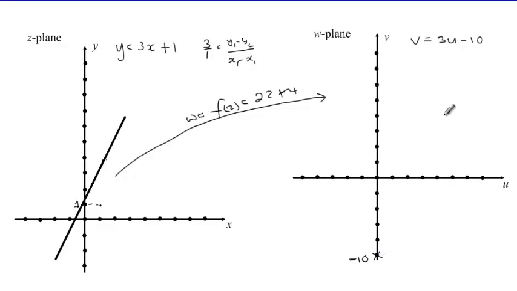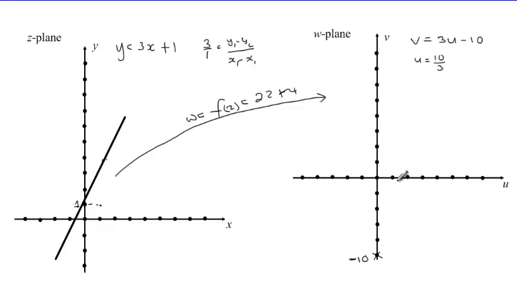And you can see that if we set v to 0 here, we will see that u is equal to 10 divided by 3, which should give us 3 point something.